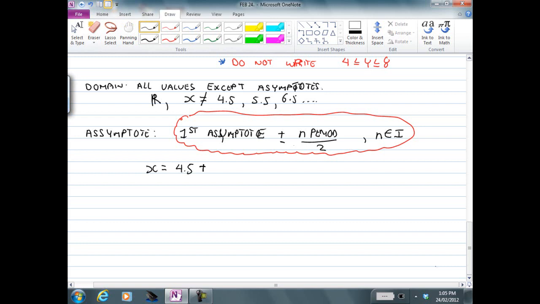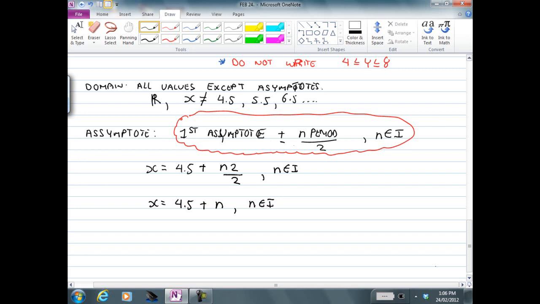So we're going to write down 2 divided by 2, 2 over 2, comma, n ∈ I. But I can simplify 2 over 2 as 1. So your answer really is x equals 4.5 plus n, comma, n ∈ I. Oh, and just says that n cannot be a decimal number because your n has to be a whole number. Question?